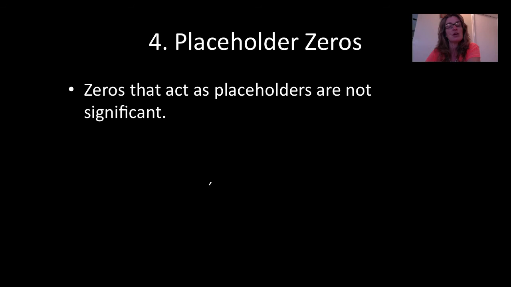Placeholder zeros. Zeros that act as placeholders are never significant. So here we have my placeholder 0. This is telling me that this number is in the hundredths place, so it means 2 out of 100, not 1 out of 100. This 0 again is not even a placeholder 0, it's just telling me there's a decimal point to follow.